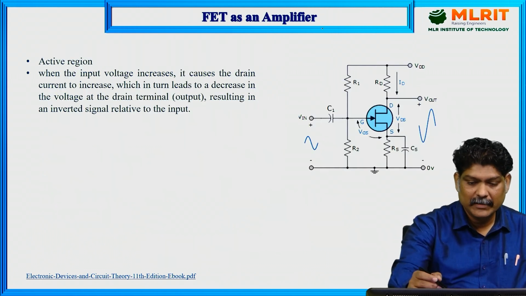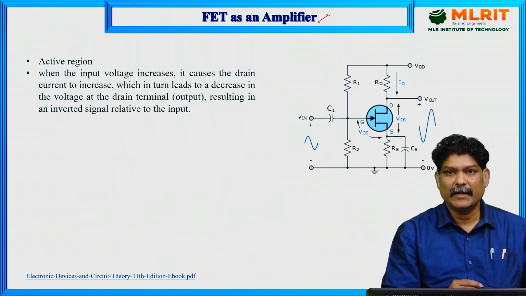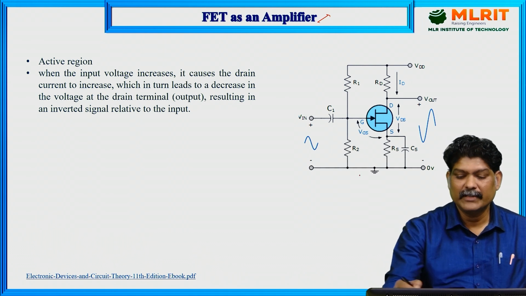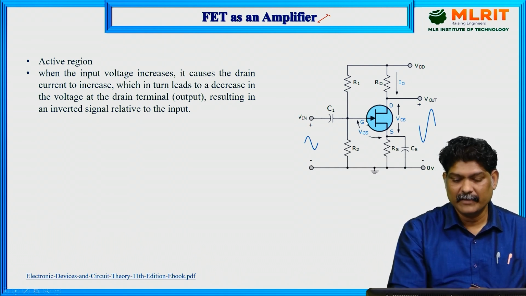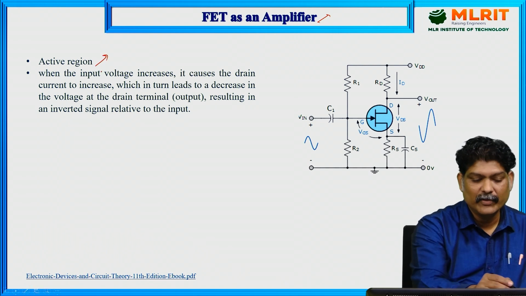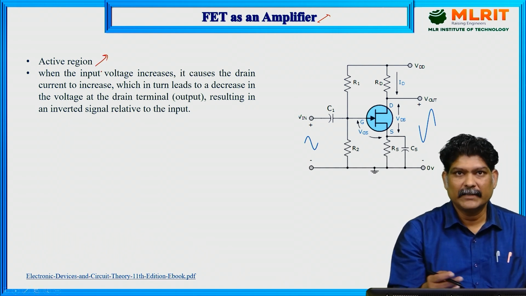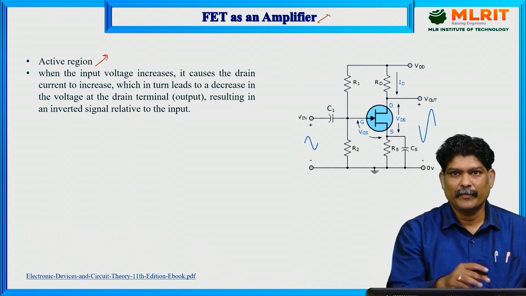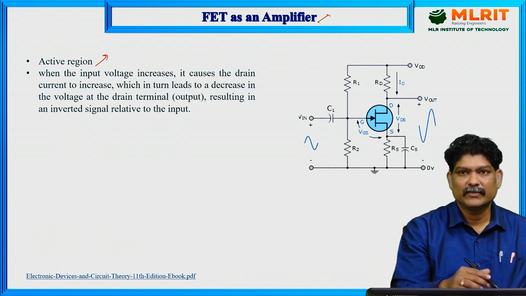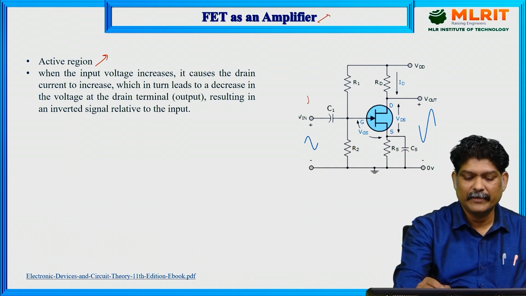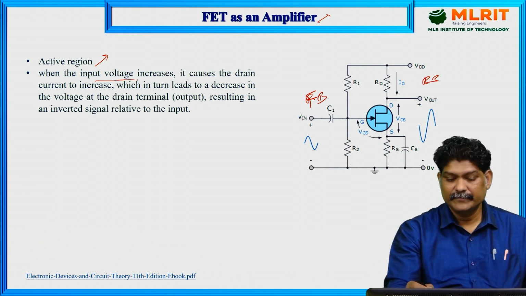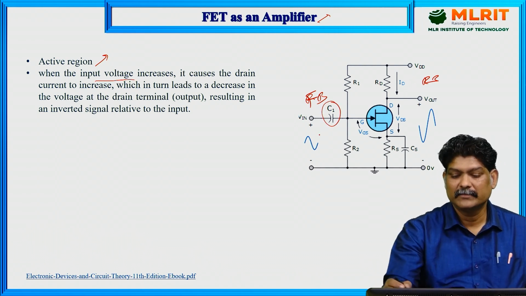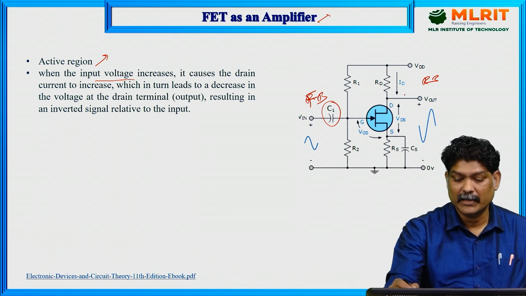Now, let us see FET as an amplifier. This is the symbol for N-channel FET. To act as an amplifier, FET must be operated in the active region. Active region means the input port must be forward biased and the output port must be reverse biased. Here capacitor 1 and capacitor 2 are also there across the output.